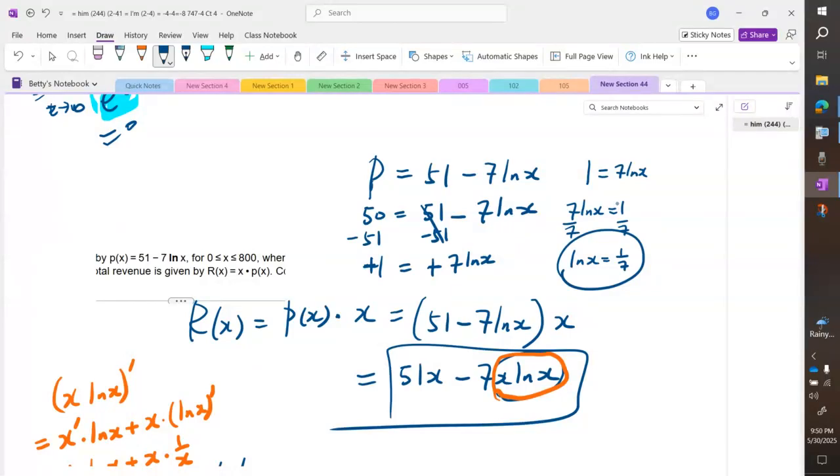And we can convert that to the exponential form. X is going to be e to the power of 1 over 7.